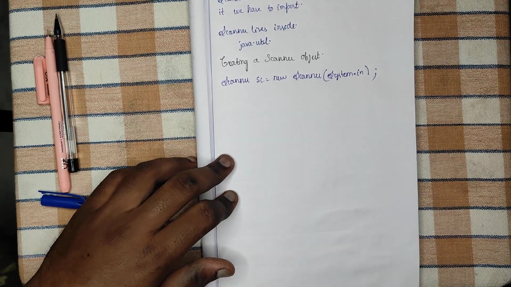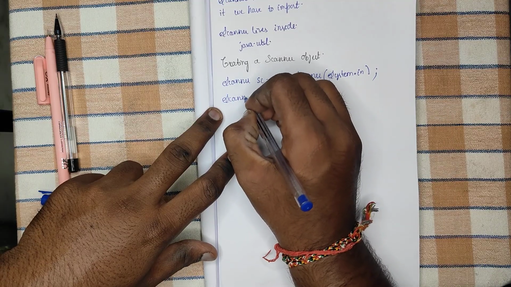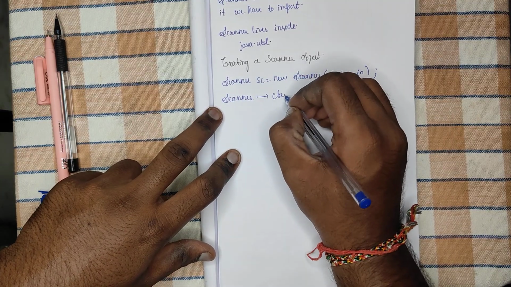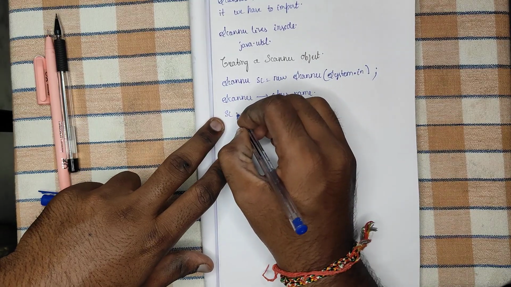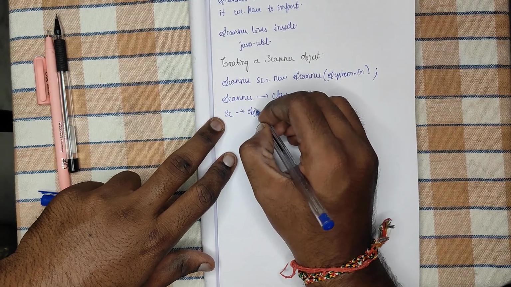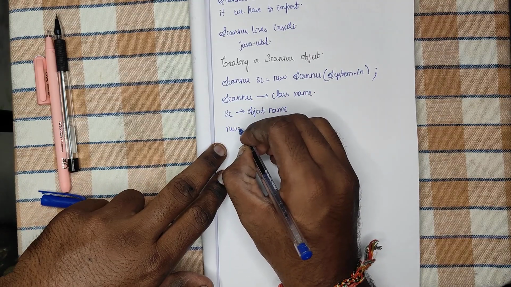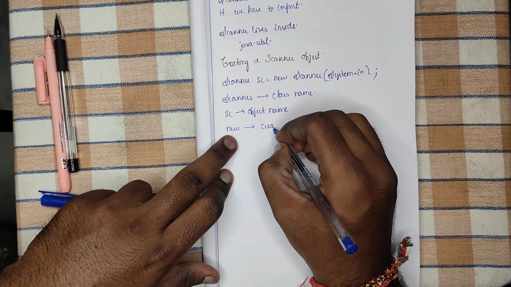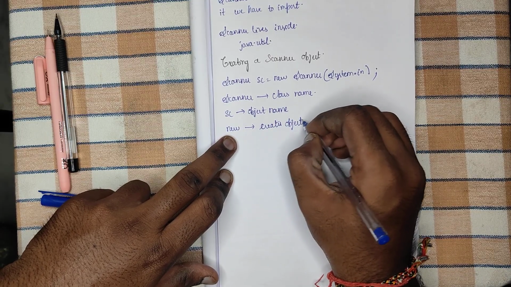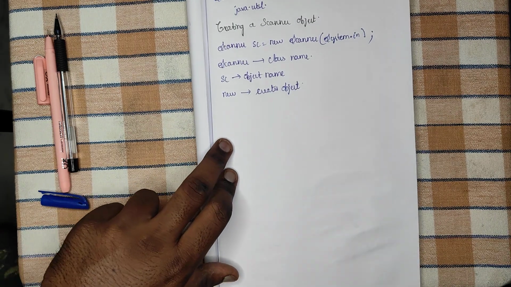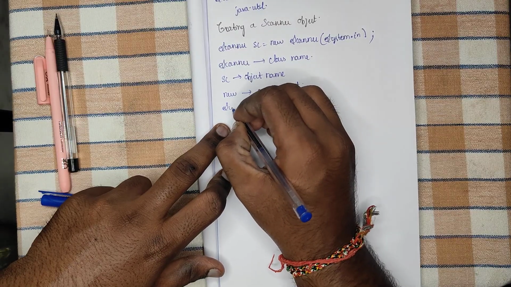Breaking it down: Scanner is the class name. sc is the object name. new creates the object. System.in takes input from the keyboard.